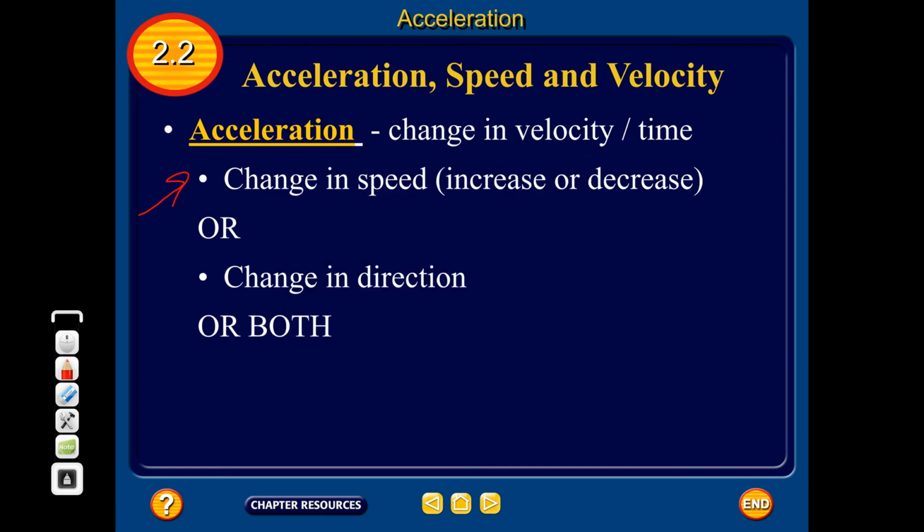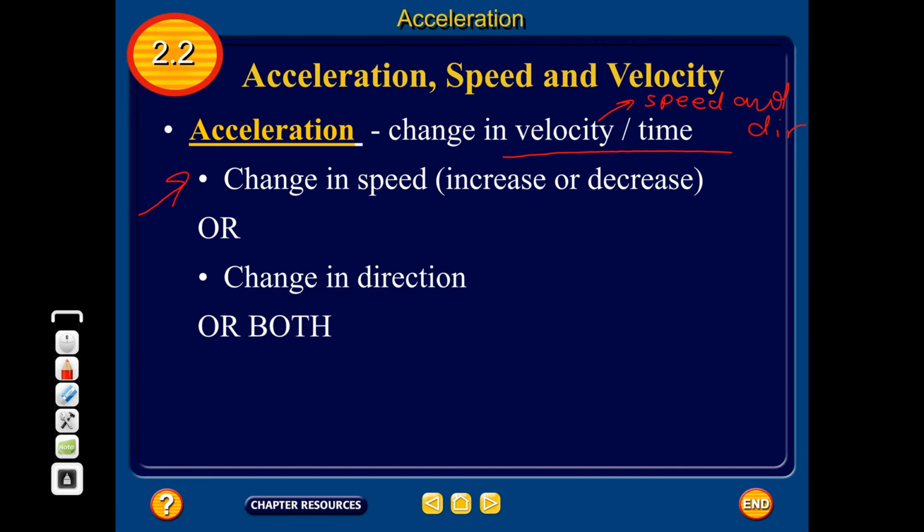But the thing is with it, since we're looking at this terminology, that it's a change in velocity over time. Velocity is speed and direction, all right? Which means I just need to change one of those in order to accelerate the object.